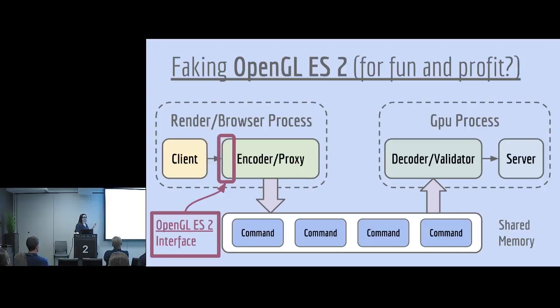It's a very thin layer, which goes to this encoder, which basically takes the commands, function calls, serializes them, and places them in this ring buffer, this command buffer. And that buffer, again, is read by the GPU process, which deserializes these commands, validates and does maybe transformations, and then actually executes them.